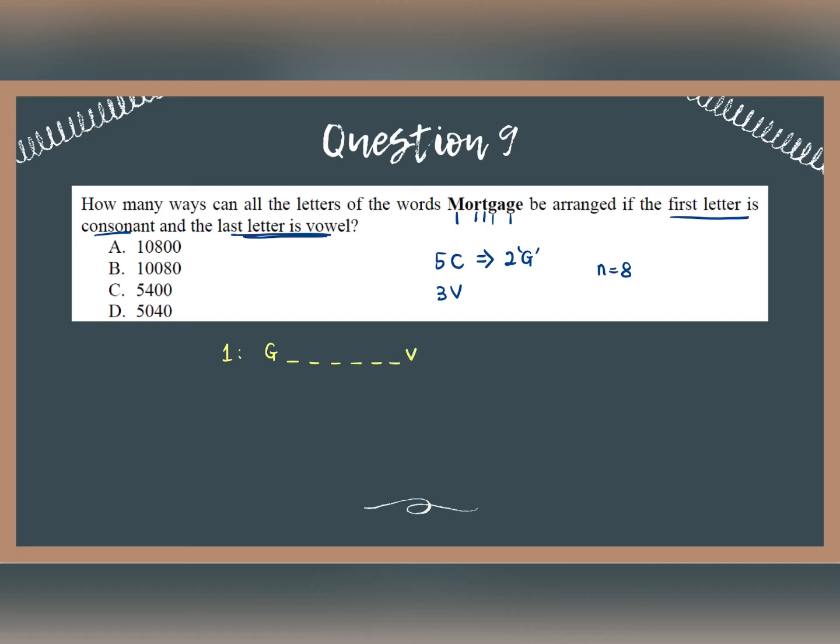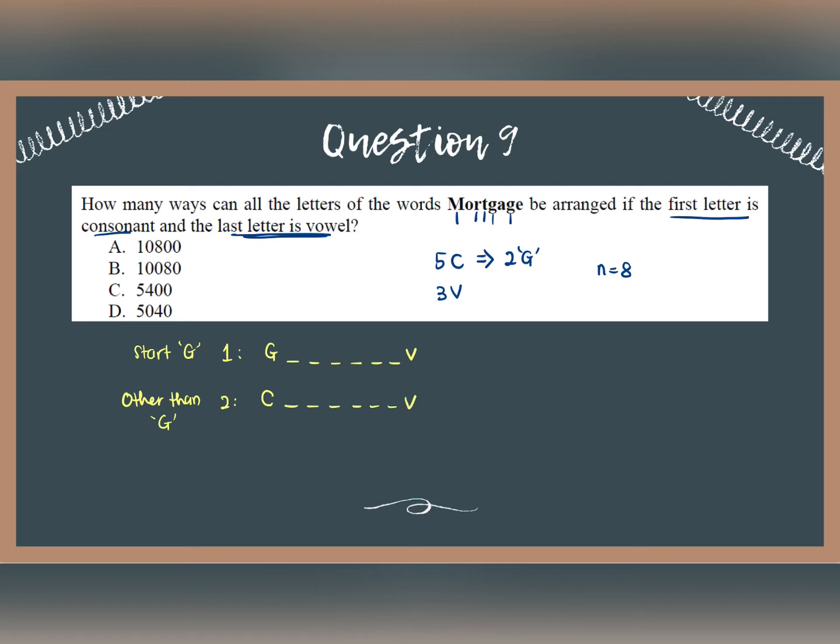Okay, and then untuk case yang kedua, dia akan jadi selain G lah. Ini adalah selain apa in English? Exclude. Ini other than G. Okay, so here's consonant 1, 2, 3, 4, 5, 6 and then vowels.